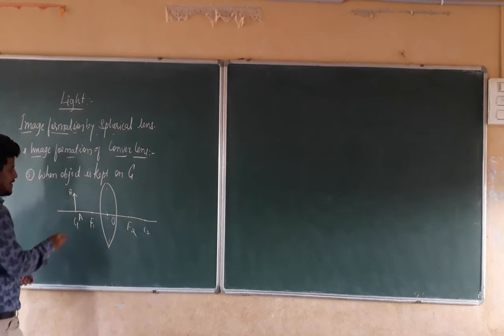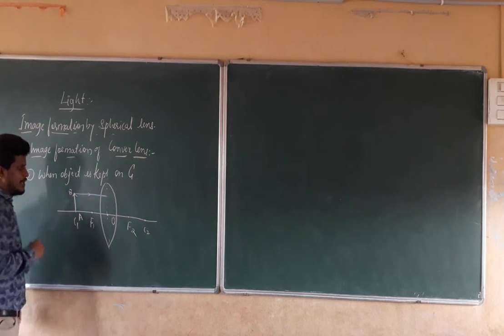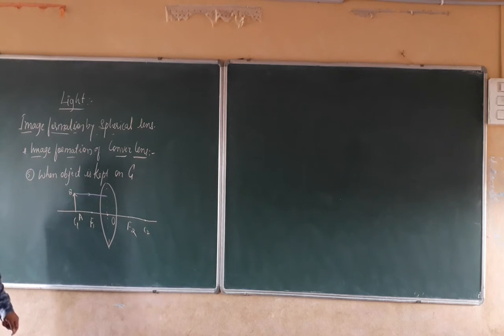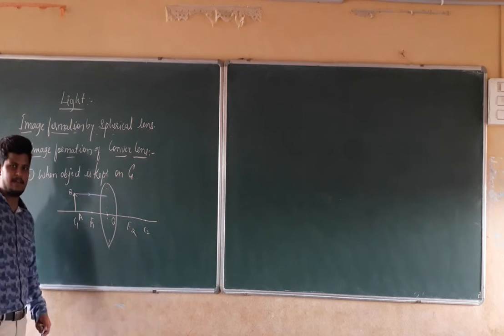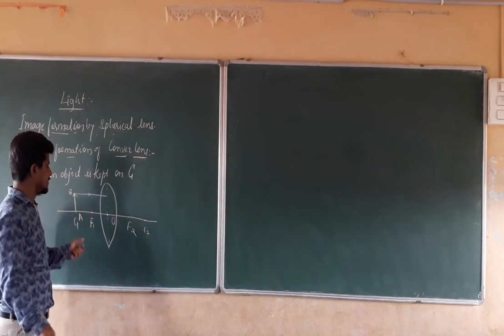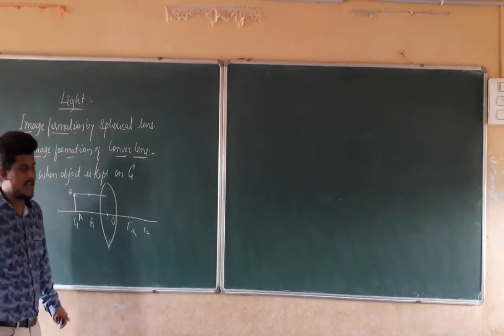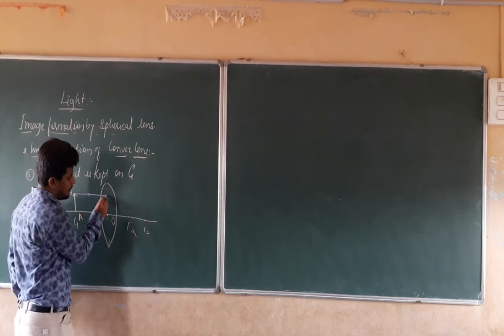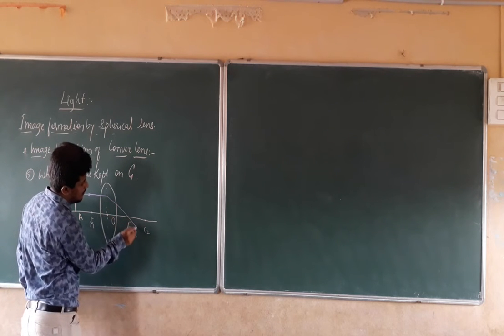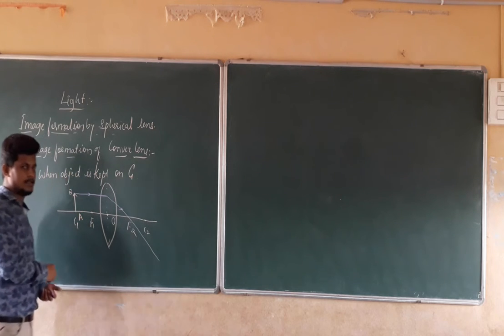If I take the first light ray which is traveling parallel to the principal axis, what will happen to that light ray in case of a convex lens? The light ray which is traveling parallel to the principal axis, on refraction is going to pass through the principal focus.